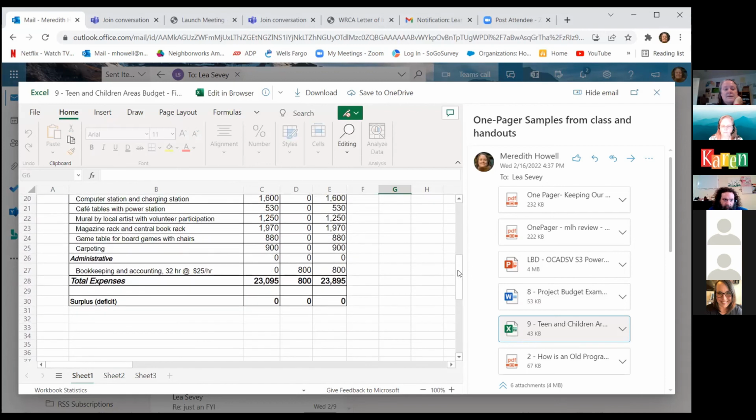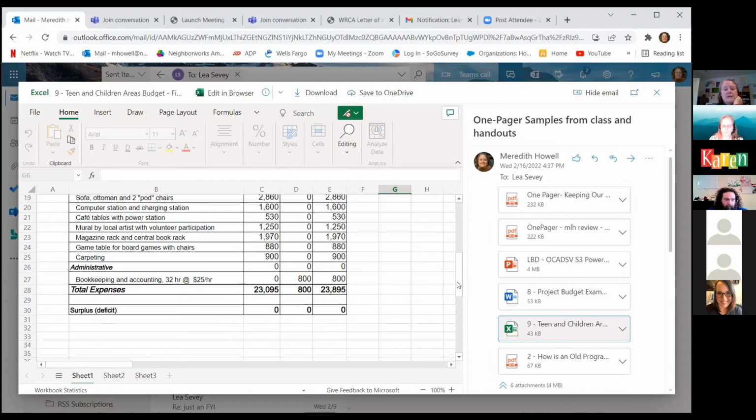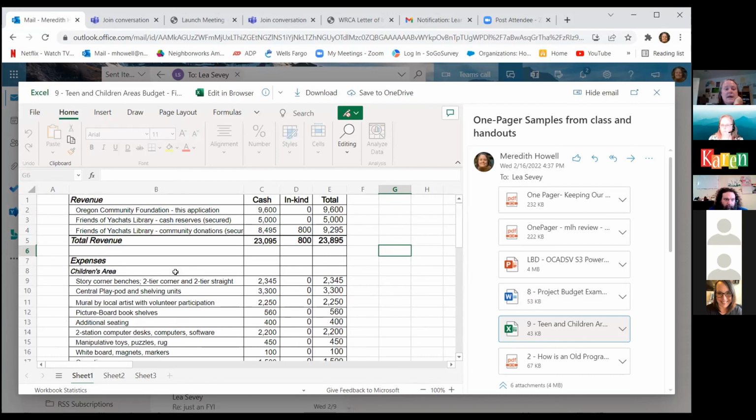In this case, there isn't a lot of in-kind. It's just bookkeeping and accounting. We're using a professional rate of $25 an hour, and we have the number of hours here. And this one is another Oregon Community Foundation grant. We've got some cash reserves for revenue, and some community donations, including in-kind.